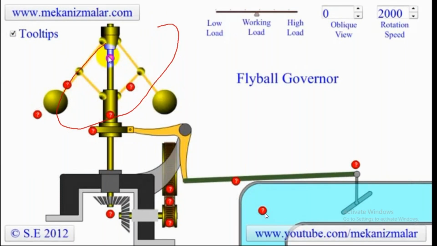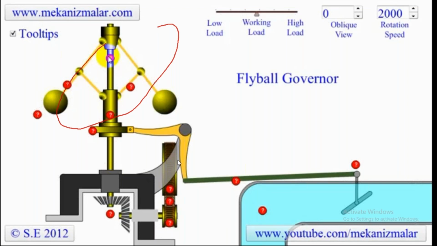So you can see the red marks, right? Those marks are called the linkage mechanism. Linkage mechanism means if you control one linkage mechanism, then it will automatically control all the other mechanisms. See here, based on the level of the balls, if they are rotating upwards, then the valve moves up, right?